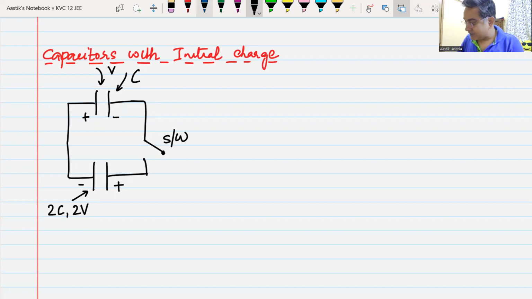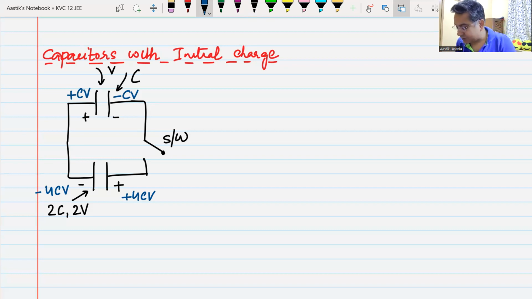Now, initially, this plate has plus CV charge, and this plate has minus CV charge. This plate has plus 4 CV charge, and this plate has minus 4 CV charge. Do we understand this? The blue things are the initial charges. Now I can draw it in a different diagram, but let me try to do it in the same diagram.